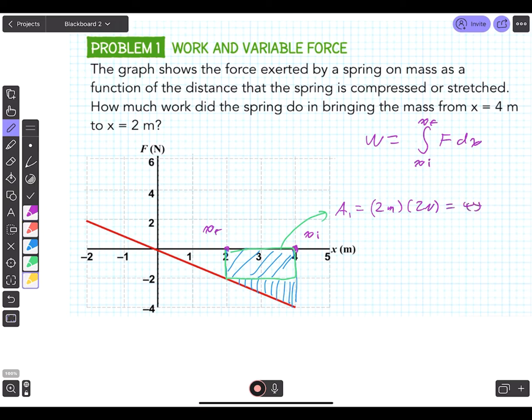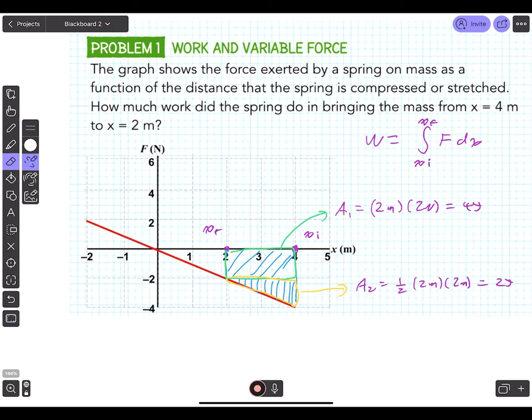And then if we look next at this second part here, right, that area there is going to be equal to, it's the area of a triangle, right? So this area here is going to be 1/2 the base, which is 2 meters, times the height, which is 2 meters, and that gives us 2 joules.